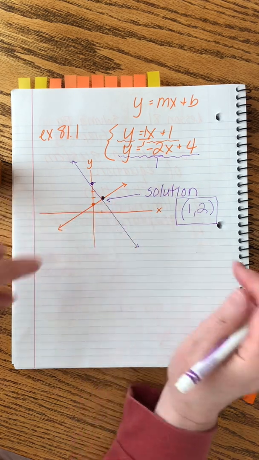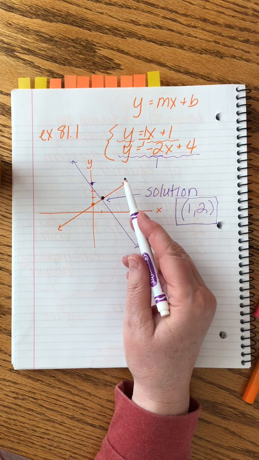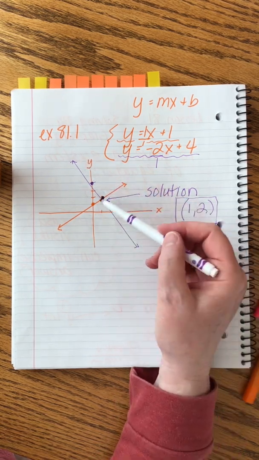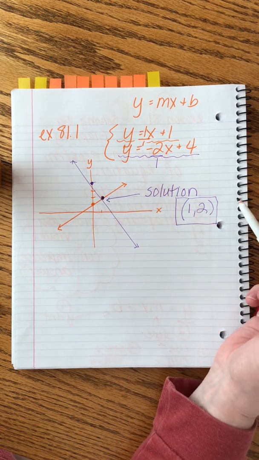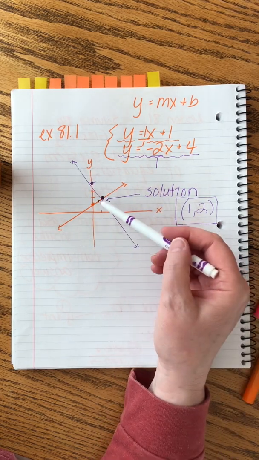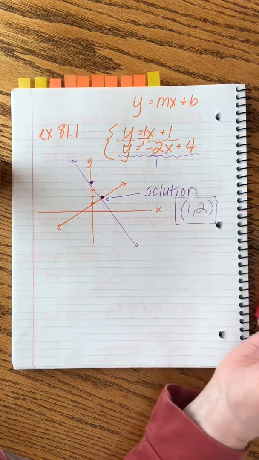And look, my picture doesn't even make it look that perfect. That's why this solving by graphing is so fussy. It's really nice to see, oh yeah, the solution lies at the point where the 2 lines intersect. Where they cross, that point is the solution. That's the value for x and y that will make both of them come true.